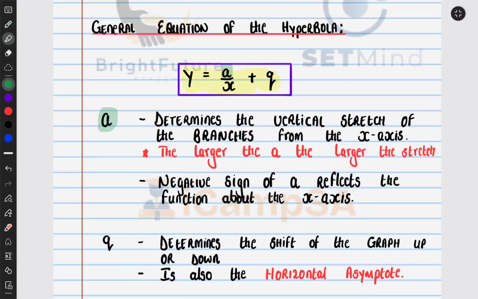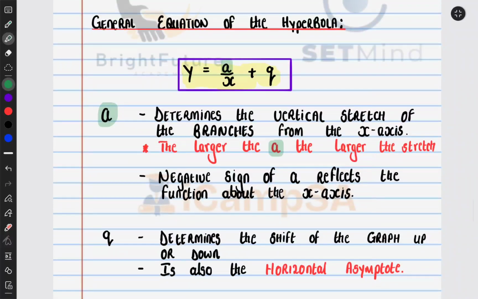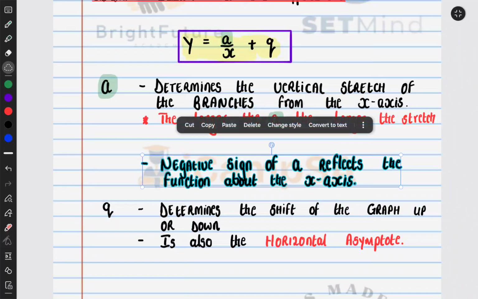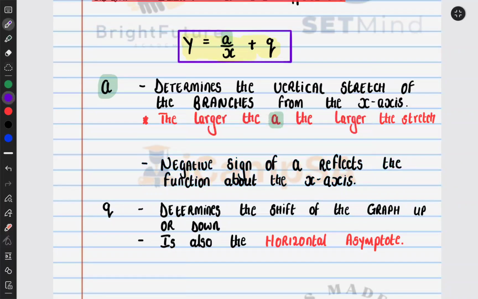So what happens here when we change the value of a? The larger the a, the larger the stretch. And this is actually called a vertical stretch.